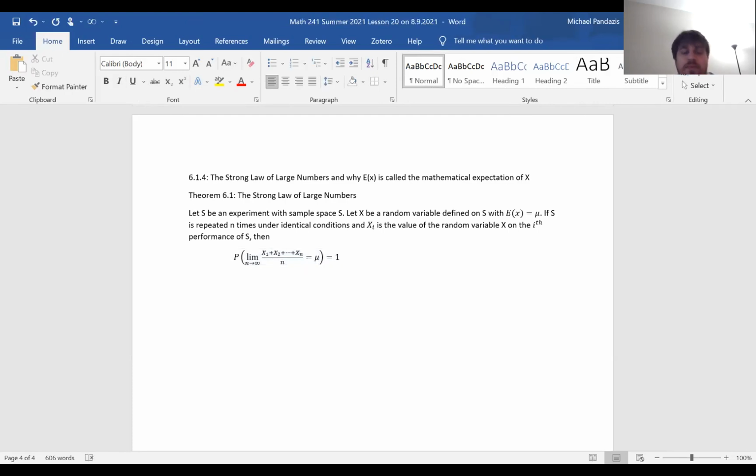It's equal to 1. So the probability that the average of those n values is mu, I mean, the probability that the limit of the average equals mu is 1.